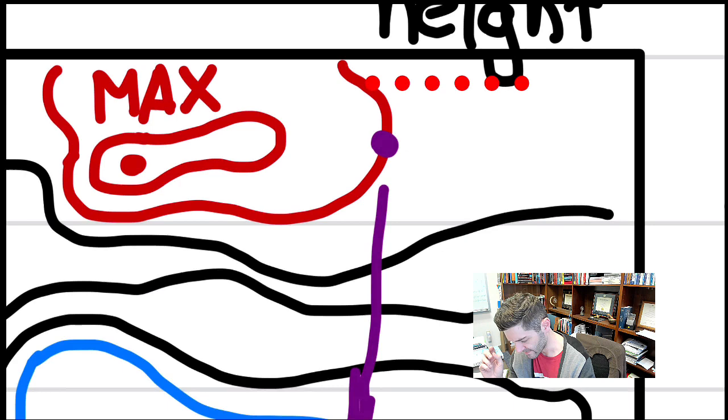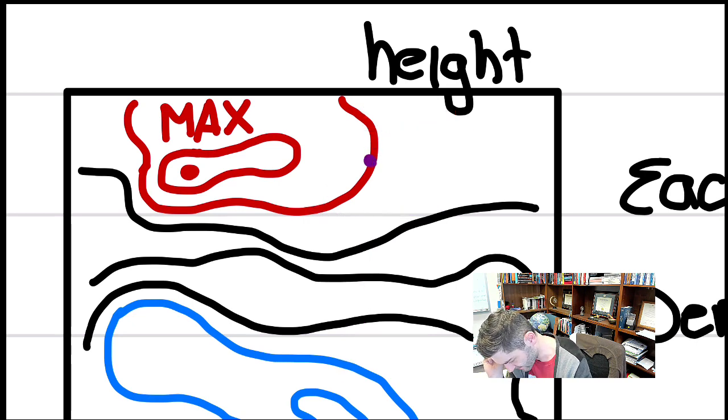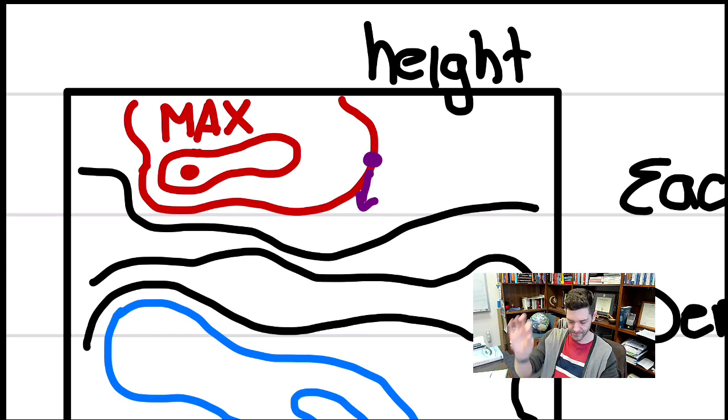If you zoom in right here, you can notice that if you draw a line that just points from that dot to the minimum, you're going along the direction parallel to that contour, at least at first. So if the idea is to change my elevation the fastest, it doesn't seem like you're changing your elevation very fast if you start by walking along a contour at a constant height. Your height's not changing at all.